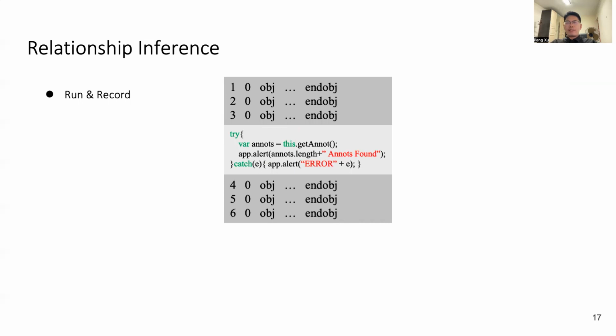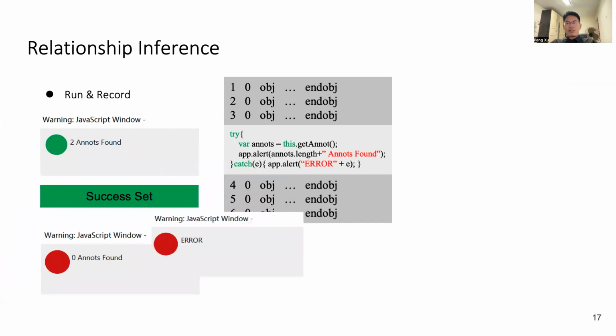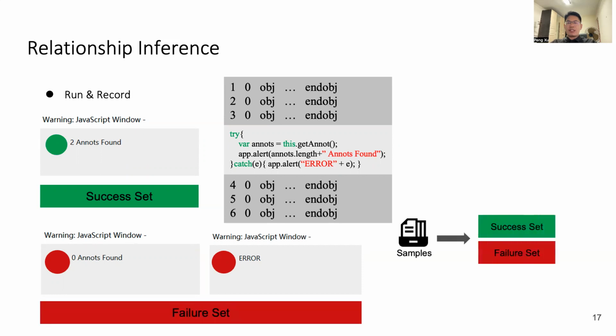Then we use the application to open a new sample. If the testing code successfully found the related elements, we put the original sample into the success set. Otherwise, if the testing code cannot find the related elements or produces an error, we put the original sample into the failure set. So through this first step, we have divided all samples into success set and failure set.